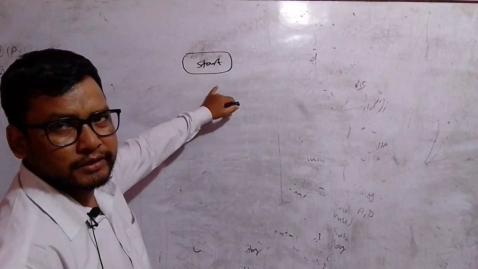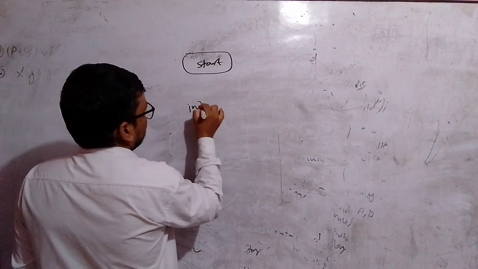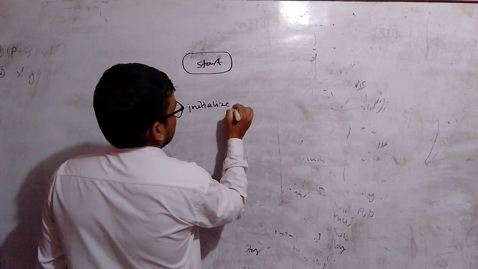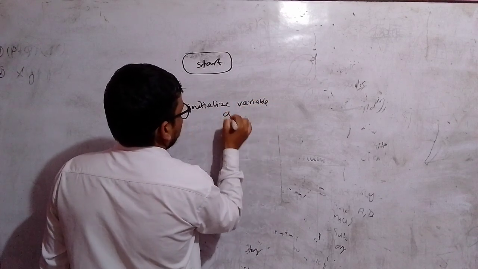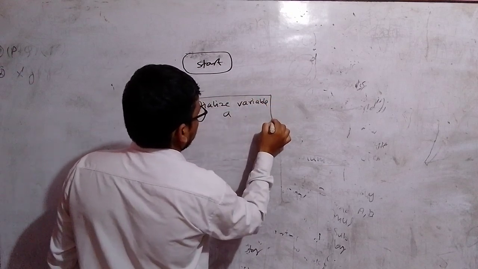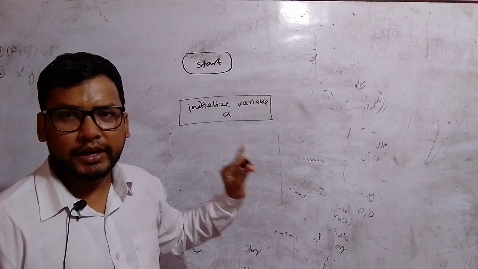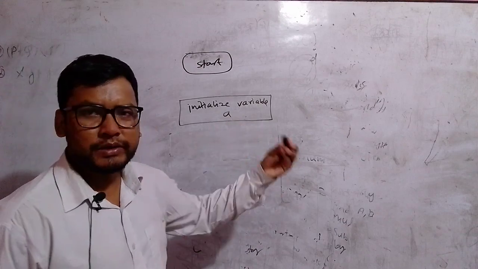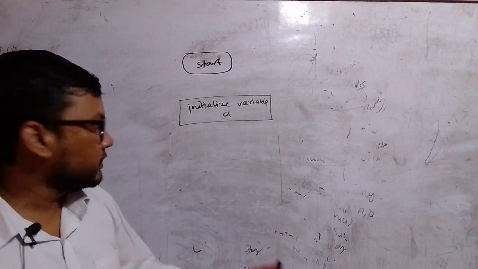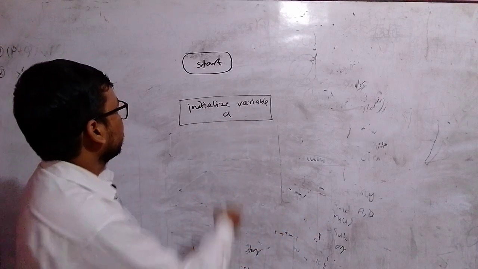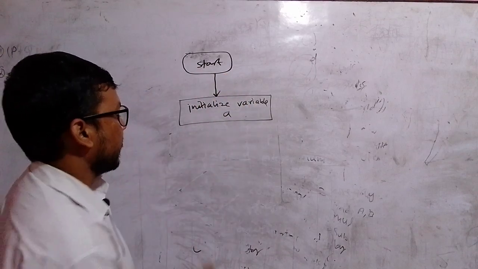We are starting from there, and we need a process: initialize variable A. We write this inside the rectangle. We initialize variable A, meaning we are using variable A to assign the number which we are going to check whether it is even or odd. Now this arrow starts and goes to initialize variable A.